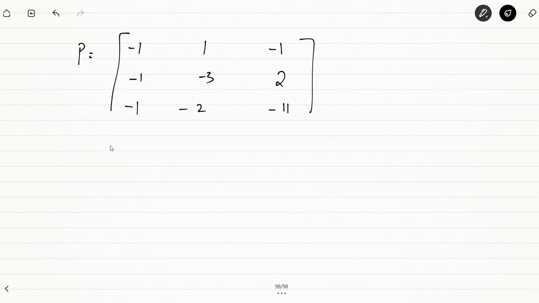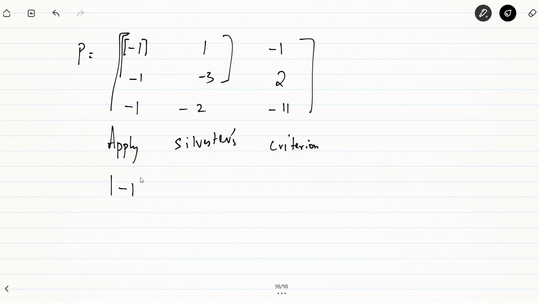So to check the definiteness of this matrix, we apply Sylvester's criterion. What Sylvester's criterion does is it takes a subset of matrices. One will be taking this matrix, secondly this matrix, and third this matrix as a whole and finding out the determinant.